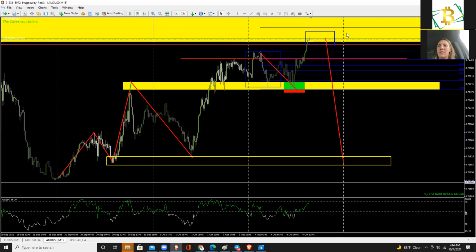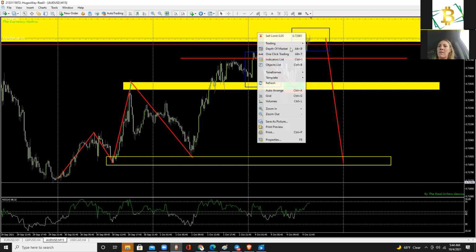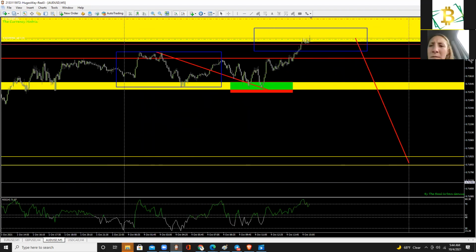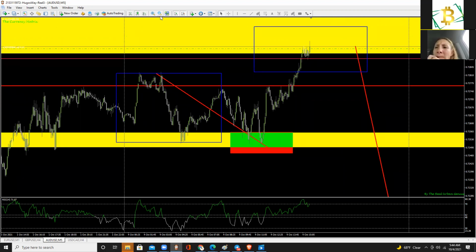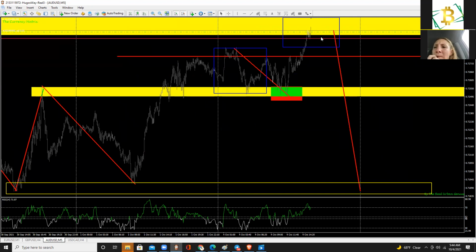From here, we can take our Fibonacci, and now, presuming that this level here is in fact the New York session high, we can now pull out our Fibonacci again from swing low to swing high.